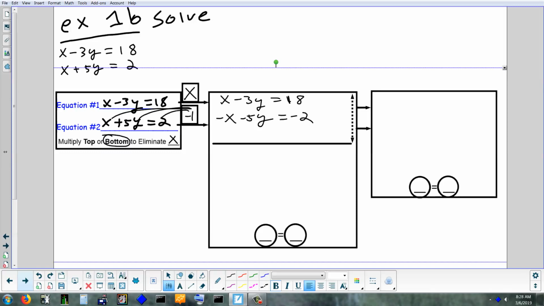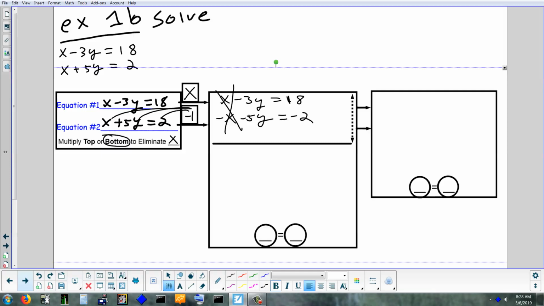Now from here, what do I do next? Add vertically. Yep. So we already said x's are going to eliminate. Positive x, negative x. That's 0x. It's gone. How about when I add my y's?